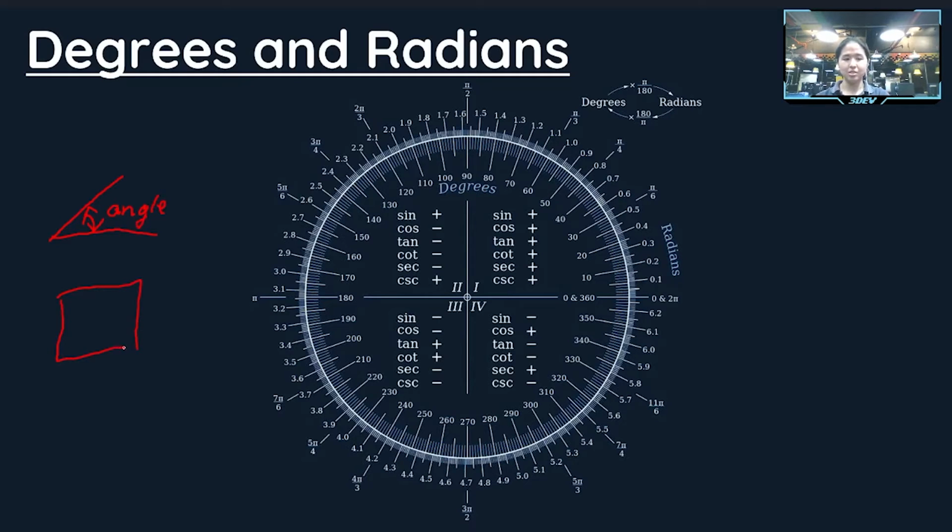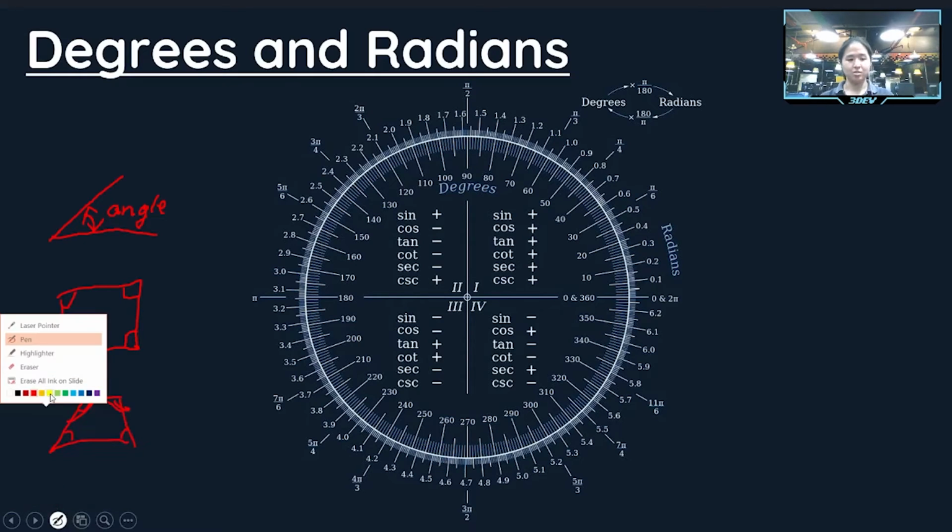The angle of a square is normally 90 degrees, which means it turns 90 degrees upwards to form a square. For a trapezium, the angles are different. The angles at the base are the same and the angles at the top are the same. So these are angles.